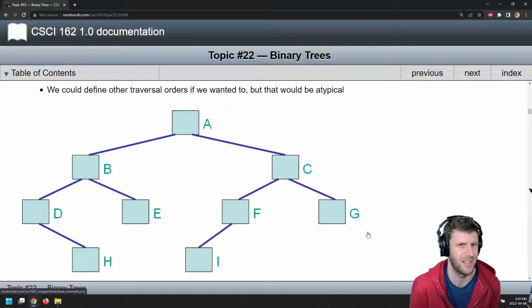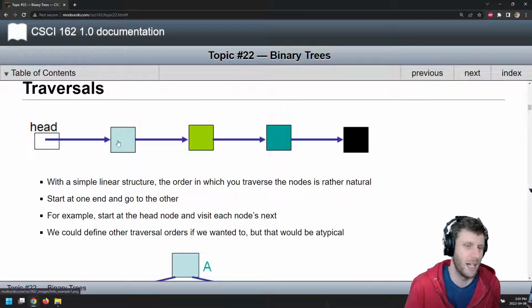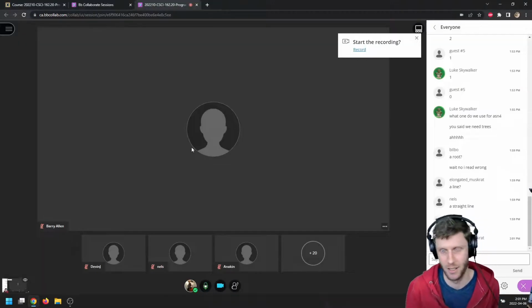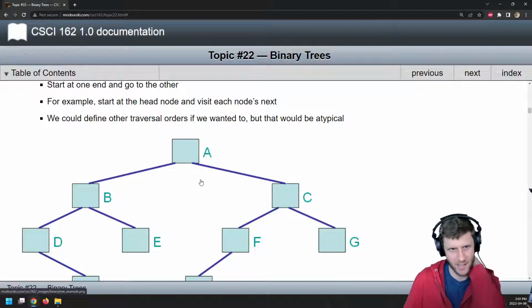There's some reasoning there, but it would also be natural to go to the other. It seems kind of arbitrary to say left, whereas when I start at the beginning of a linked structure and go to the next thing, I'm not making an arbitrary decision. Here, I've got a choice to make. The next is B and C, but which one?